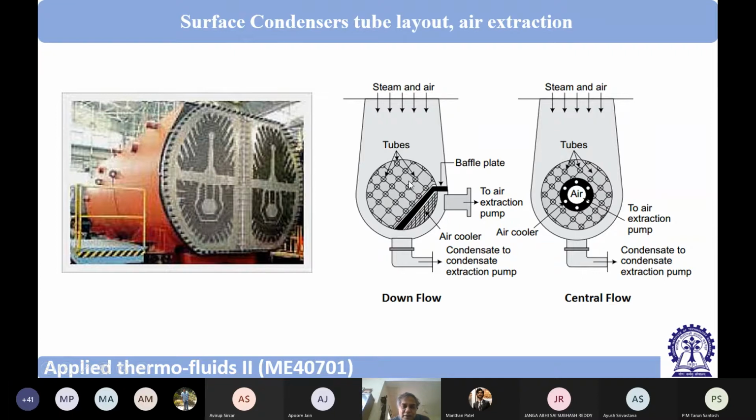And where we have to take out the air, what we do, we put more and more tubes. If we put more and more tubes, that means locally a large amount of water flow is there in those regions. A large amount of water flow has two effects.